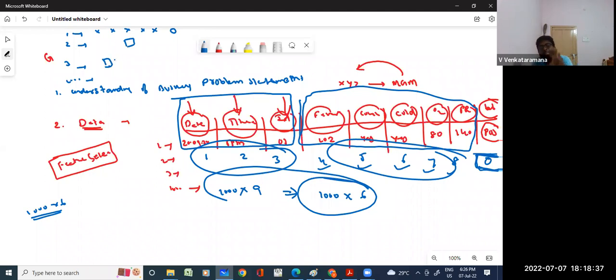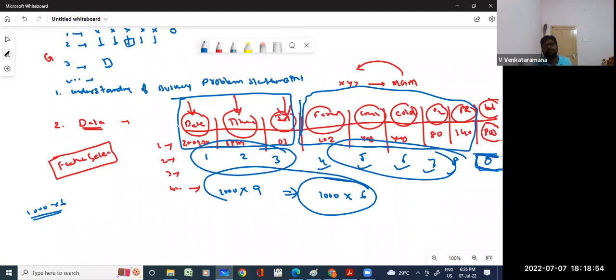You have to identify if there is any missing value against each feature, against fever, cough, cold, O2, pulse rate. If there are any missing values, you have to treat the missing value.